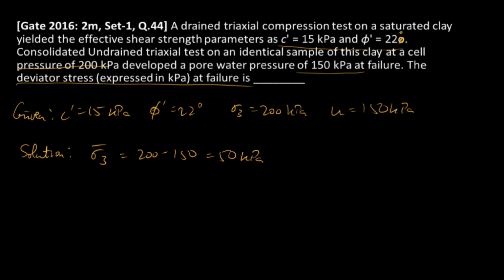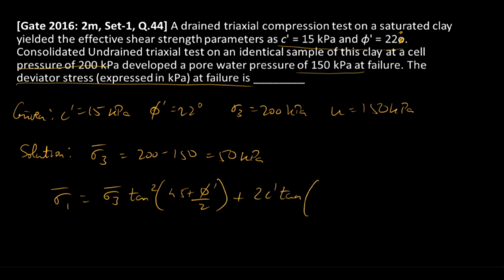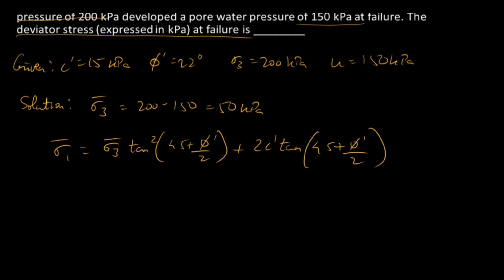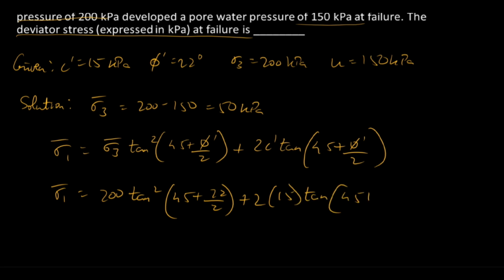So the equation for the effective triaxial stress will be sigma 1' equal to sigma 3' tan square (45 plus φ'/2) plus 2c' tan (45 plus φ'/2). Sigma 1' will be equal to sigma 3', which is nothing but 50, tan square (45 plus 22 by 2) plus 2 into 15 tan (45 plus 22 by 2).